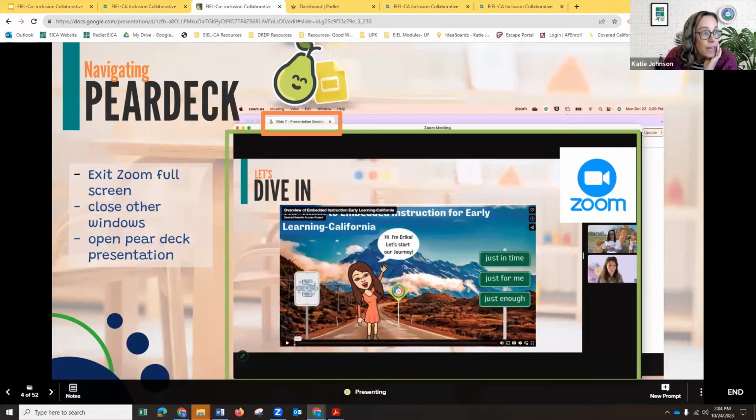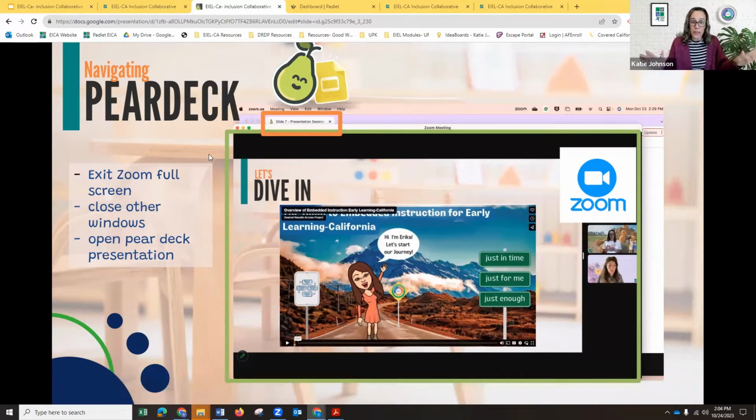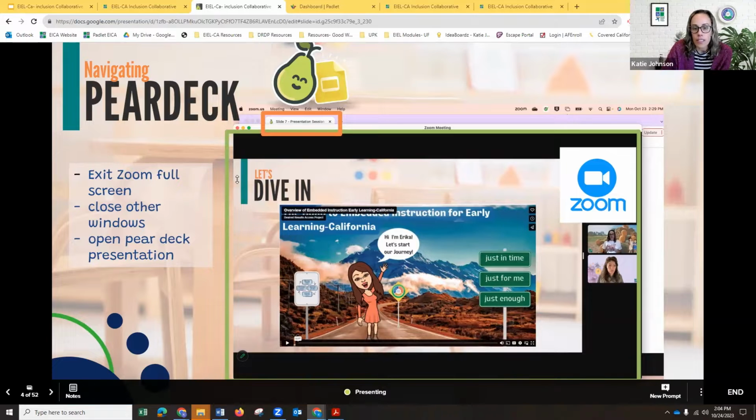You're going to be using Pear Deck to have some response and interaction there. Okay, and I'm new to using Pear Deck, but we've been doing it in a variety of trainings, and I think it really adds another layer of support for folks and just interactivity. Okay.